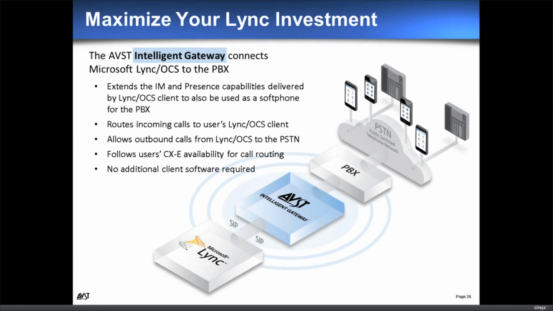Now, how this is done is by implementing AVST's intelligent gateway on the CX. By virtue of the fact that the CX is currently integrated to whatever PBX is in place, this intelligent gateway is set up as another integration with Link. Link doesn't know or care where it's getting its dial tone from and can easily be set up to make and take calls directly from the desktop.